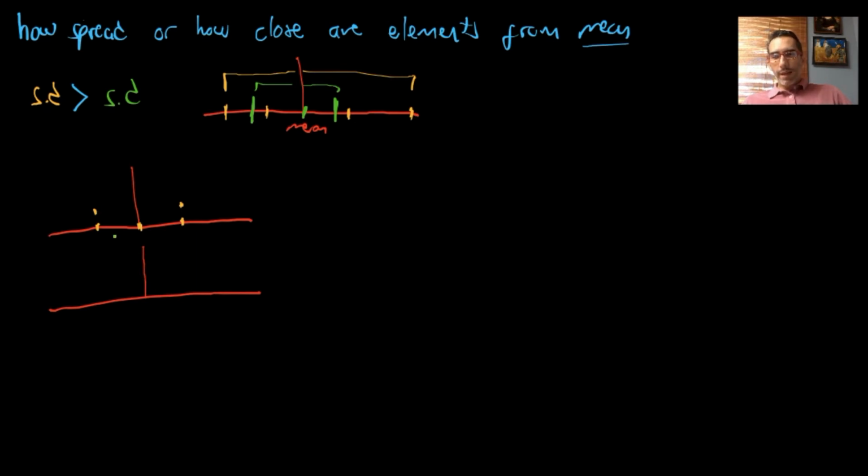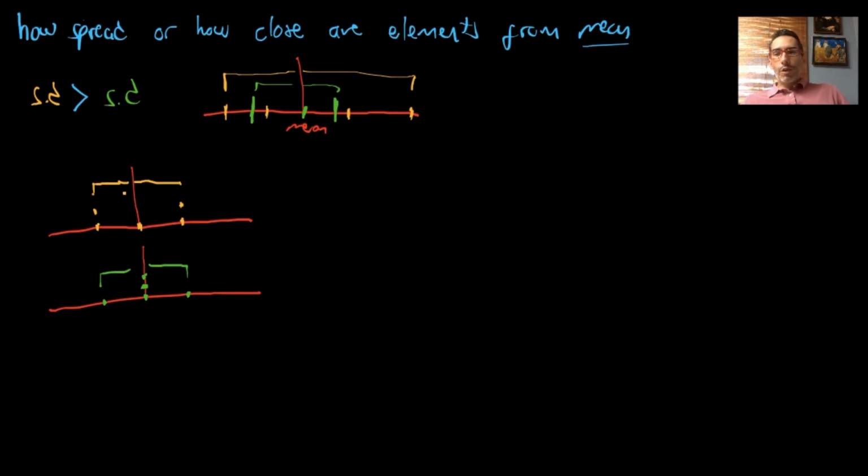Let's say that here we have 5 elements: 2 here, 1 here, 2 here. The ones in green, let's say that I have 1 here, I have 1, 2, and 3 here, and I have another one right here, okay? So this distance from here to here is the same as the ones in yellow, like from here to here. Let's say that it is the same distance, okay? Now we need to decide which standard deviation is greater.